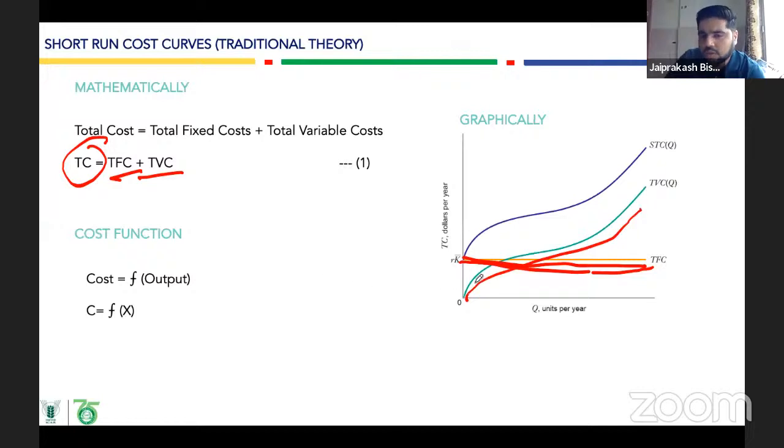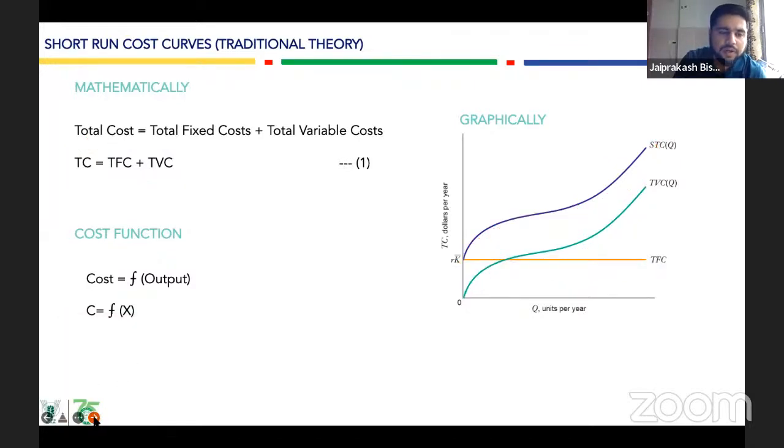If I have to add these two lines, definitely this variable cost line will start from here, like this blue line. So your total cost will be the summation of total variable cost and total fixed cost. So it is evident from this diagram also.